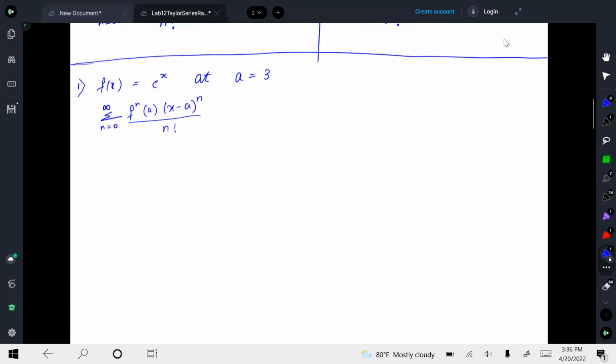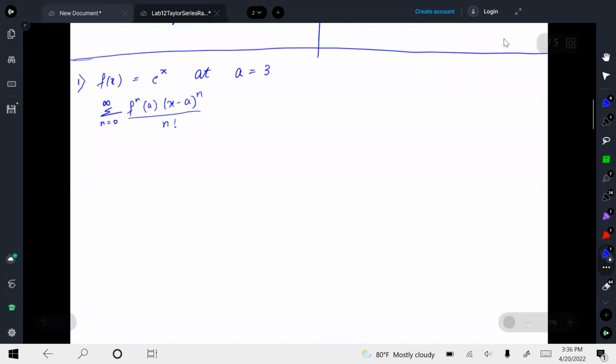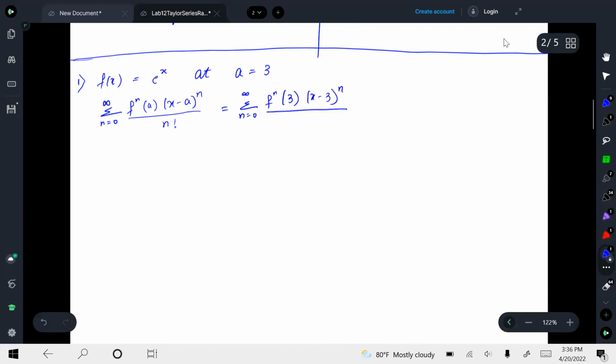Now plug in the value given here for a. So we get summation n equal to 0 to infinity, f to the power of n of 3, x minus 3 to the power of n divided by n factorial.